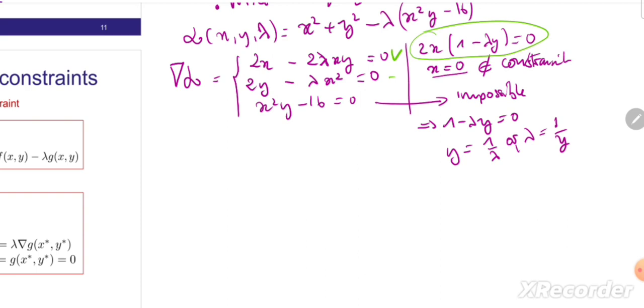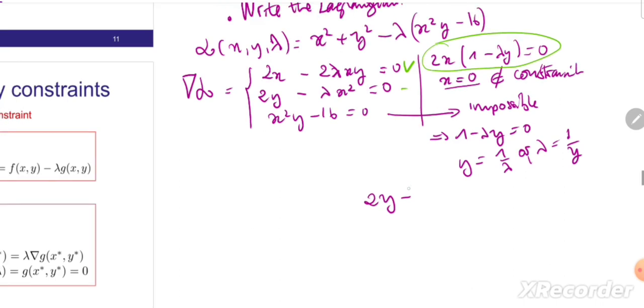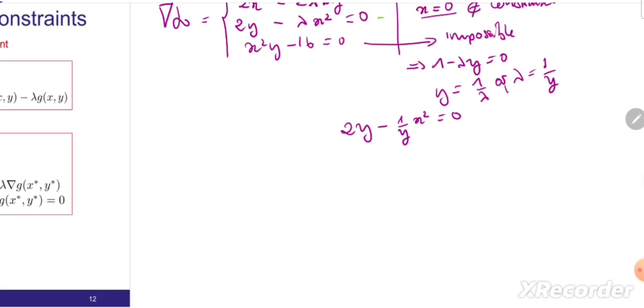Let's keep y. 2y minus lambda x squared is equal to 2y minus 1 over y times x squared, equal to 0. And so we get 2 y squared is equal to x squared. Okay, so that x squared is equal to 2y squared.